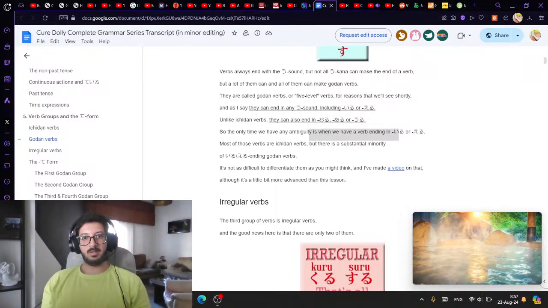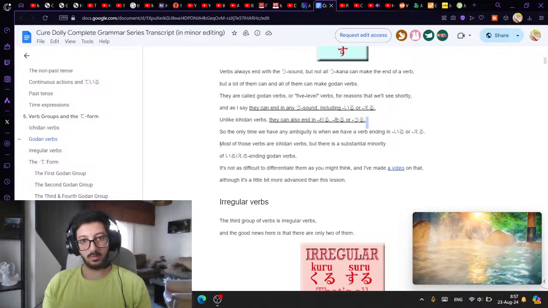So the only time we have any ambiguity is when we have a verb ending in iru, eru. Most of those verbs are Ichidan verbs, but there is a substantial minority of iru, eru ending Godan verbs.